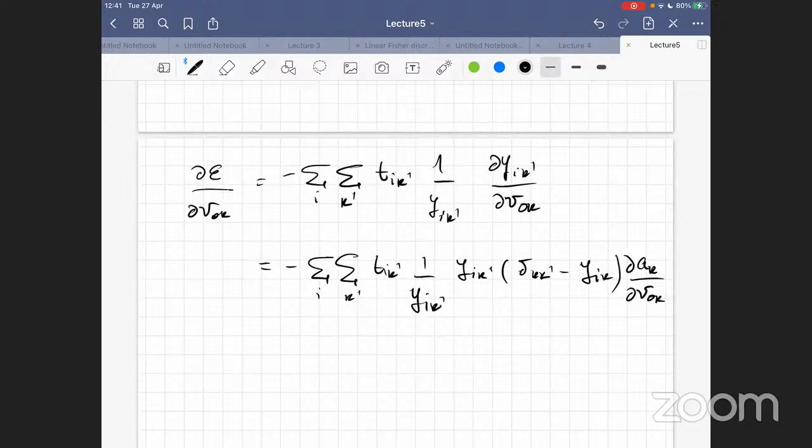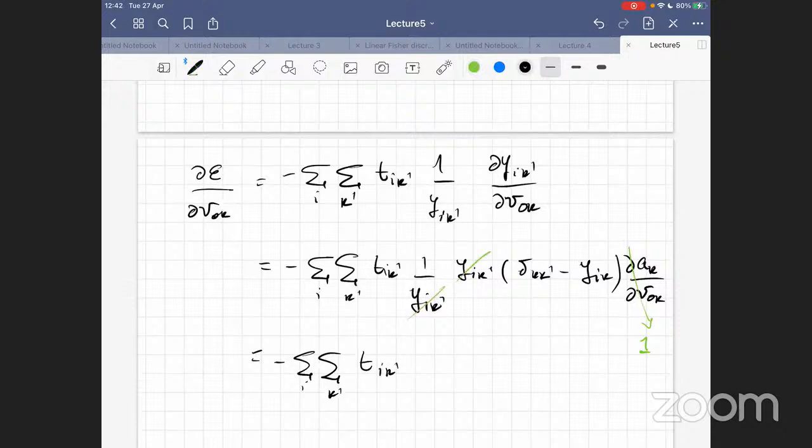This guy here is 1 because this is the intercept. So I am able to rewrite this in this way. So you see that this guy is cancelled here.